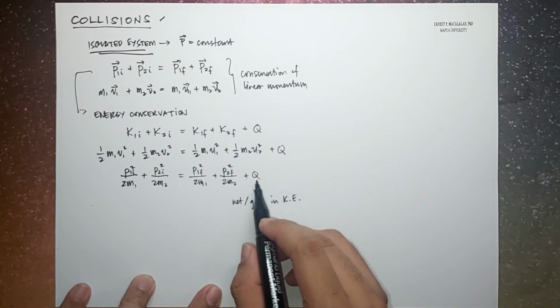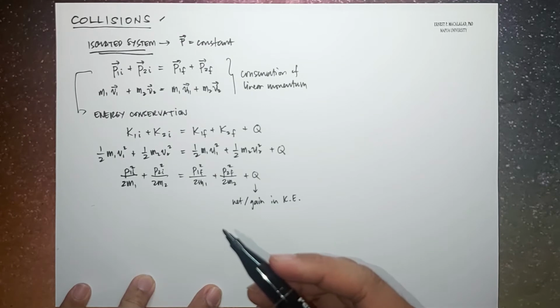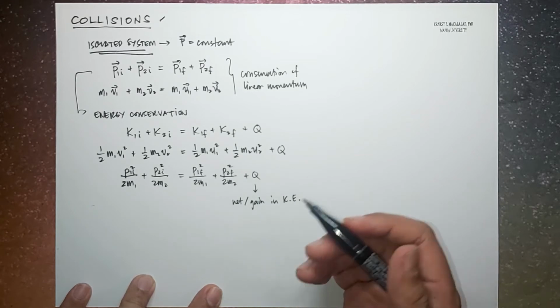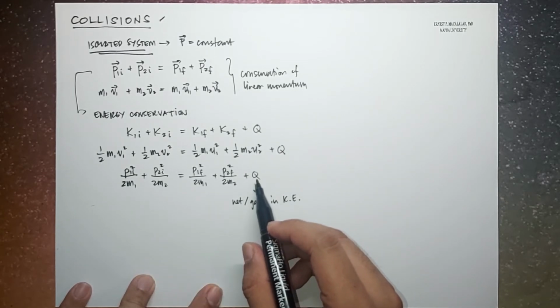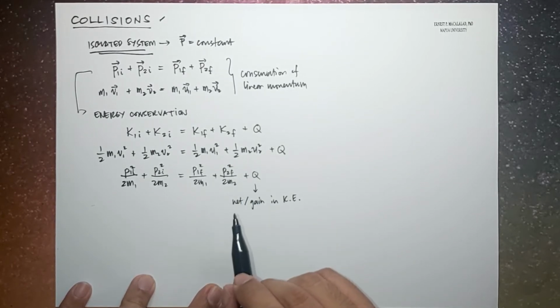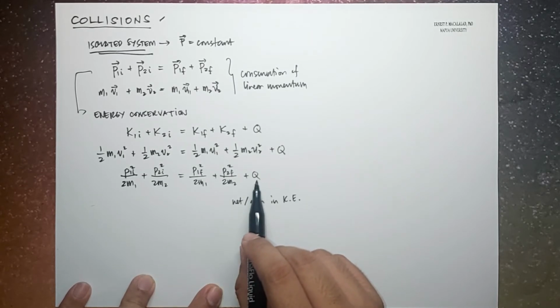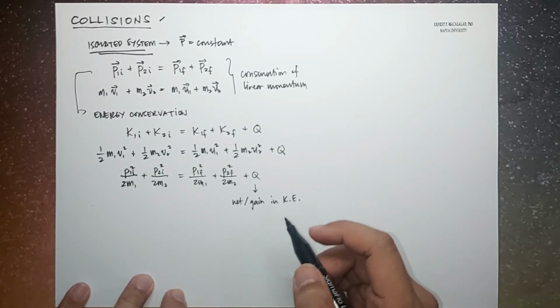Now, depending on the collision, this Q can be expressed in terms of different values. It can be positive, so that means energy is lost. It can also be negative, that means the energy is gained. And lastly, this can be zero if the kinetic energy is conserved.